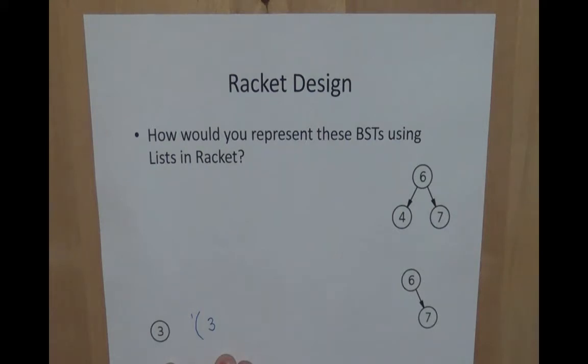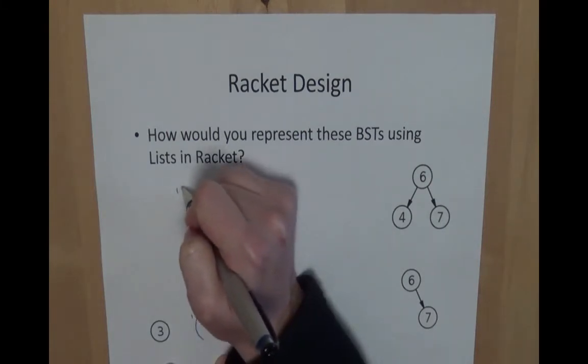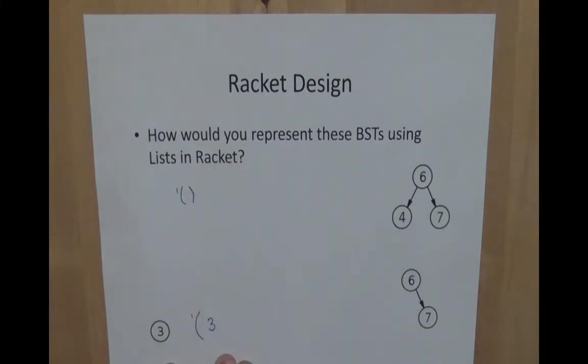So I actually need to decide how I'm going to represent empty subtrees. If I have a tree with no elements, I'm going to represent that as just an empty list. So here, the key is 3, the left subtree is empty, and the right subtree is empty. And you might remember when we have sublists, we didn't have to put the single quote in there too.